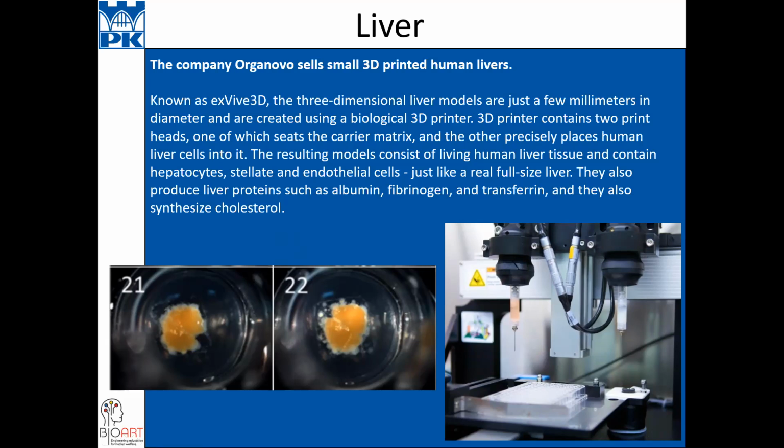They can test some drugs and medicines on it, for example. And a lot of companies buy this kind of micro liver from them, and they test their drugs on this organ.